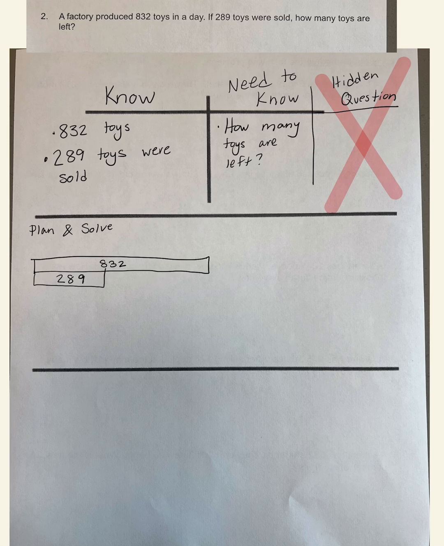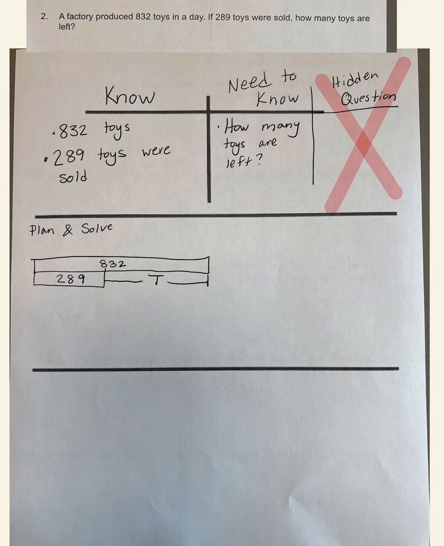Because I would need to subtract them to find what is in this space right here. And so now we have to think, what's in that space right there? Well, if I answered what 832 minus that 289 was, it would tell me how many toys are left. And I'm going to put T right here for toys left.